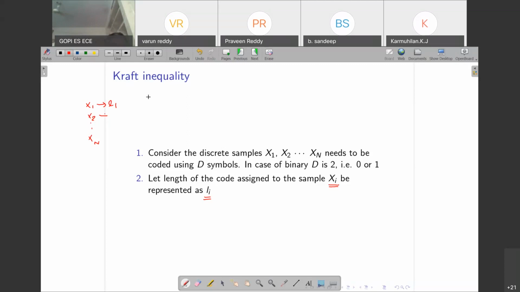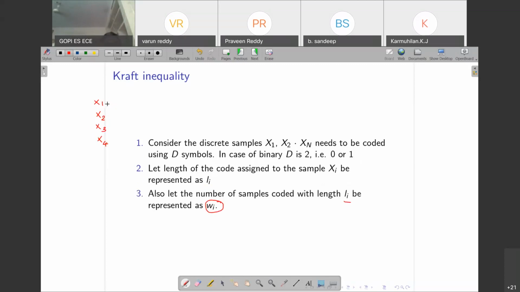And the bits are 1, let us say 0, 0, 0, followed by 1, and then 0, 1.